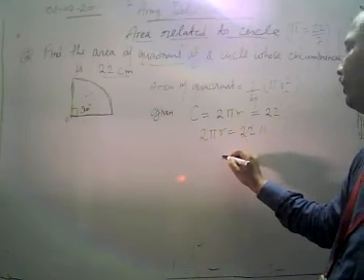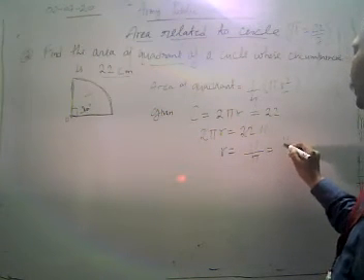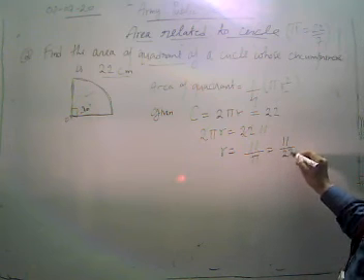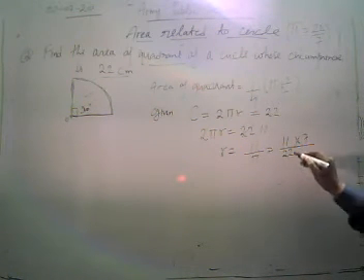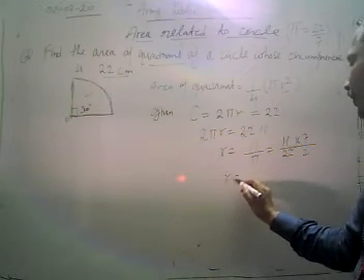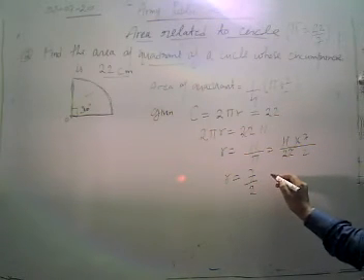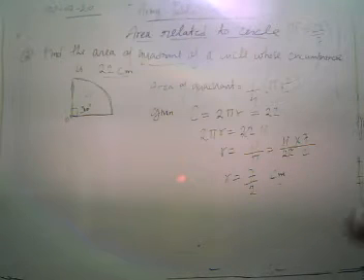Then what do we have? Now R is 11 upon pi. We are going to put in the value of pi, 22 upon 7. 7 comes to upper part. Now we get the value of R is 7/2 centimeter.